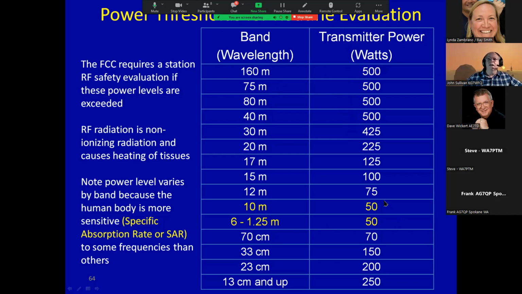And you can see here that the lowest allowed power levels are in the 10 meter to 1.25 meter range. VHF range primarily is where you're allowed the least amount of power exposure, because that is the frequency at which the human body is affected more, absorbs more, is more sensitive to the radiation. So these different power levels are what trigger a need for a station evaluation.